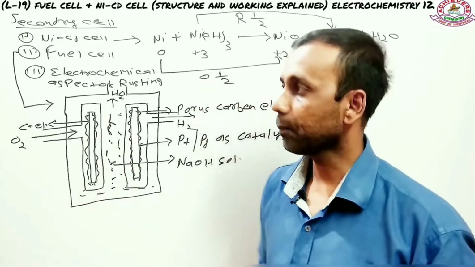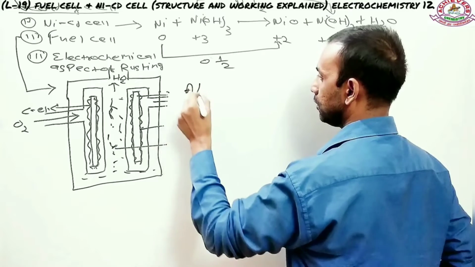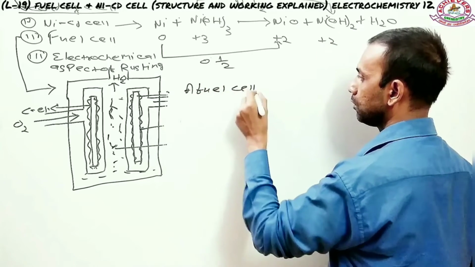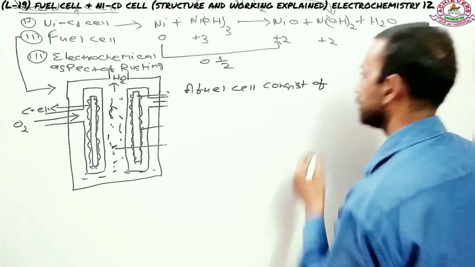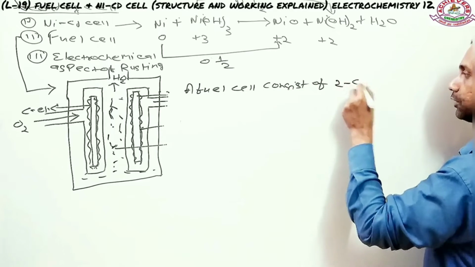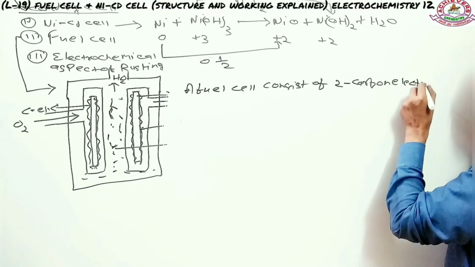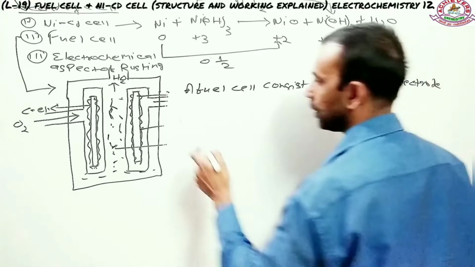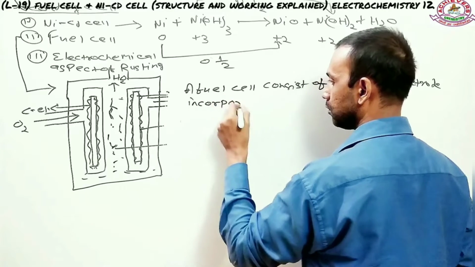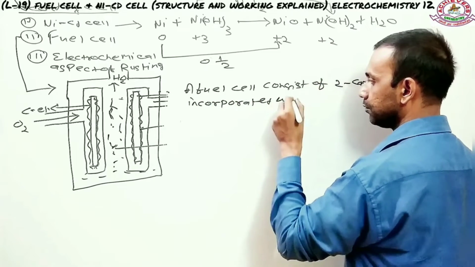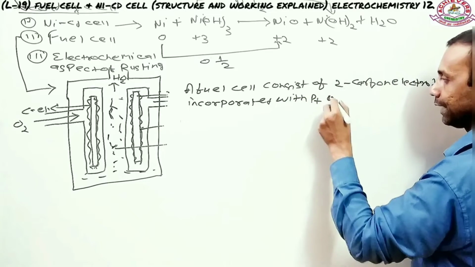And how is this useful? Let me write it so that you can understand. A fuel cell consists of two carbon electrodes incorporated with platinum, which acts as a catalyst.